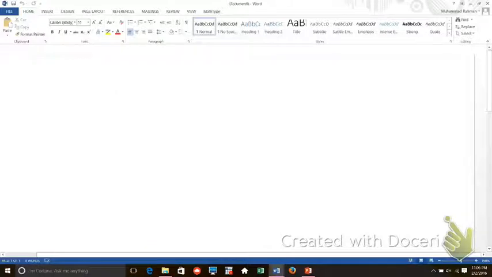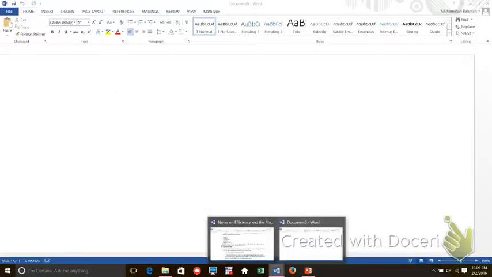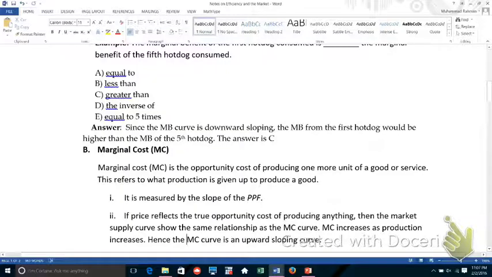Okay, so let's go back to our discussion one more time. Our marginal cost curve, therefore, has two interpretations. First of all, it is the slope of the production possibility frontier. And also, just like we did for the marginal benefit, we can argue that if price is a true reflection of the opportunity cost of producing something, then your supply curve from the market model could tell you the same information as your marginal cost curve.